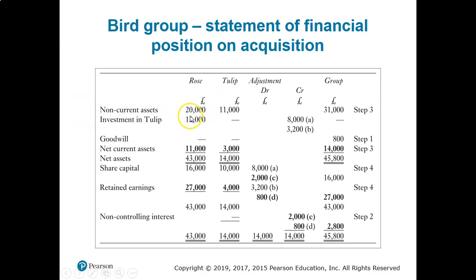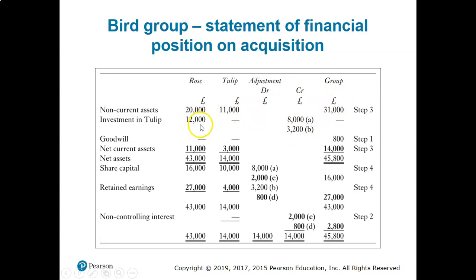It's very simple. Non-current asset 20,000 plus 11,000, as we added before, 31,000, and investment in Tulip 12,000. But this figure is now a little bit different, as we saw in the previous problem. So how did this 3,200 come?